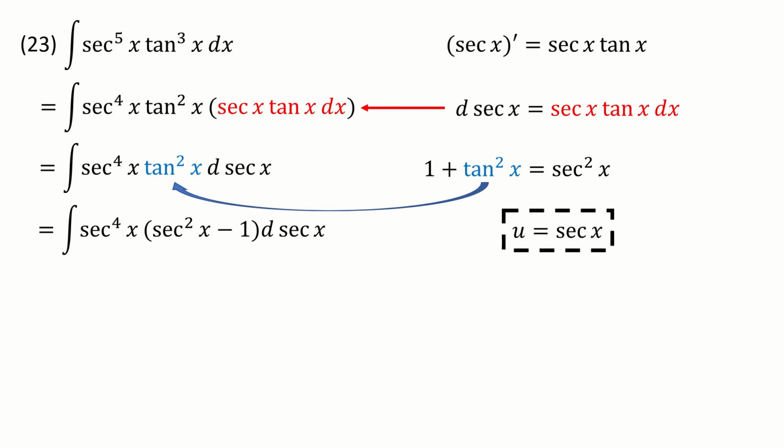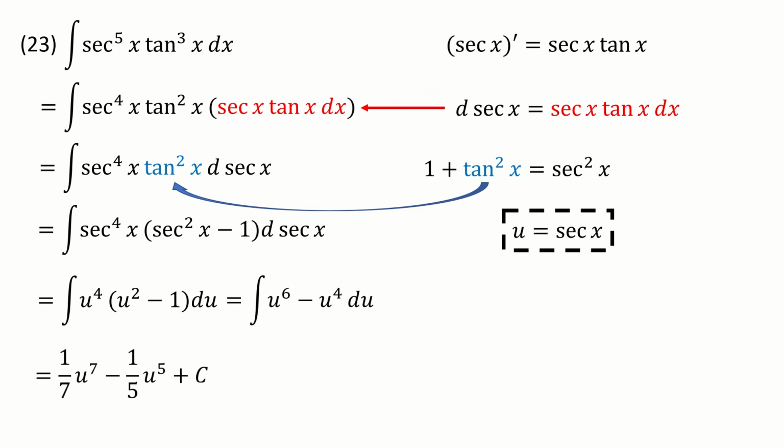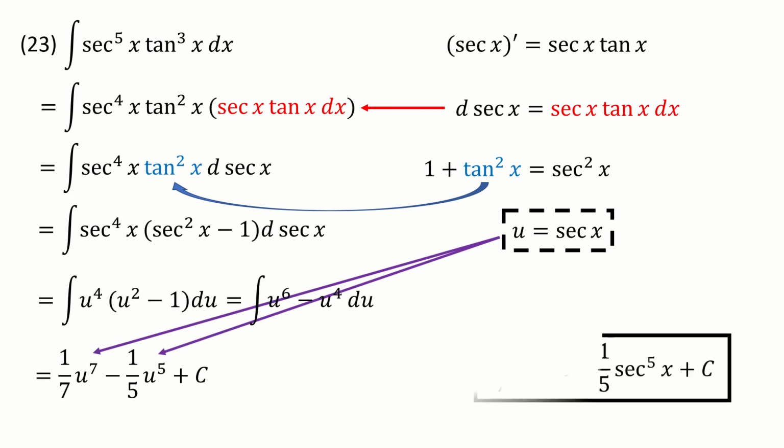We let u equal secant x. So we convert it into an integral with respect to u. Expanded, and this integral is easy to solve, and we got here. Finally, we replace the u with secant x. So here is our final answer.